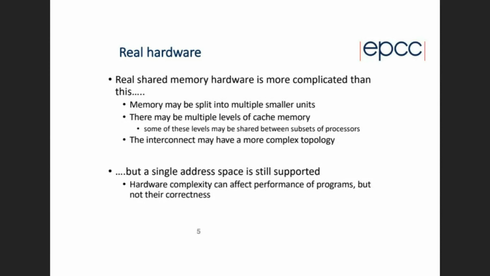What that means is that all that hardware complexity is certainly there, and it can affect the performance of programs, but not their correctness. So you basically have a guarantee that if you write a correct OpenMP program, then the hardware ensures that program will always execute correctly, regardless of all this hardware complexity.